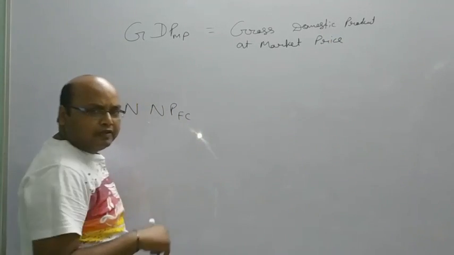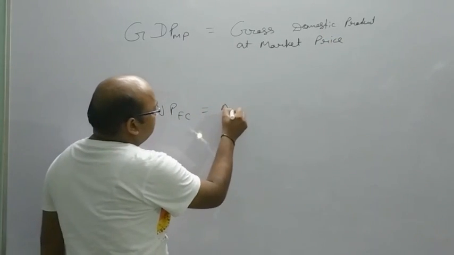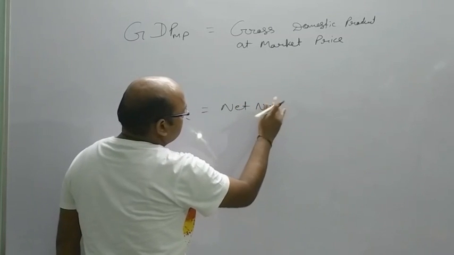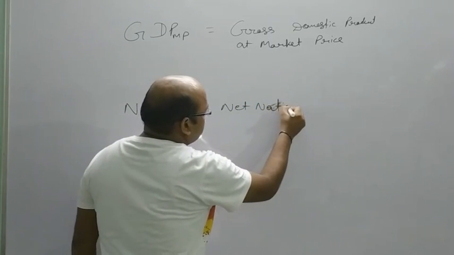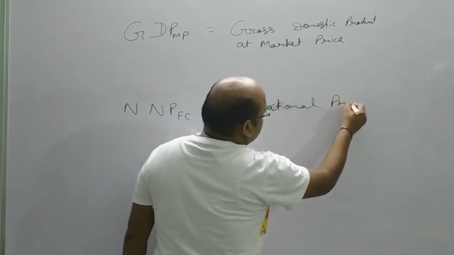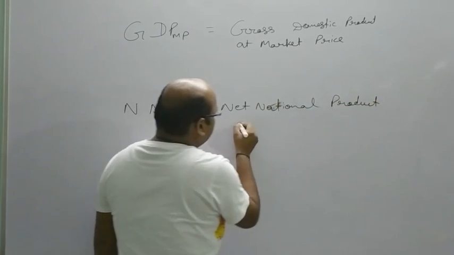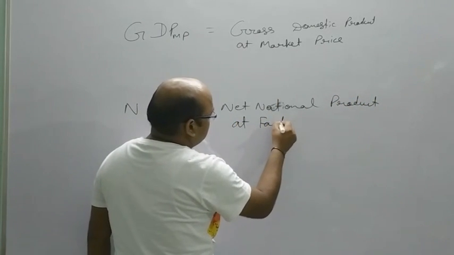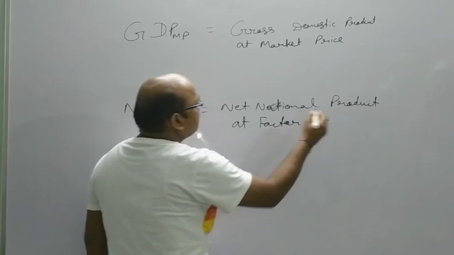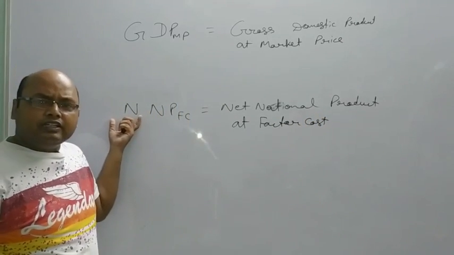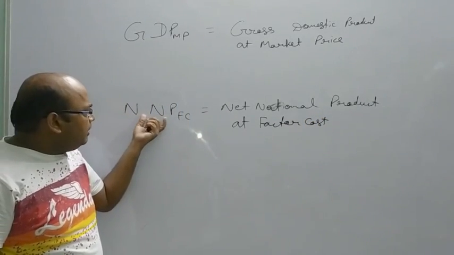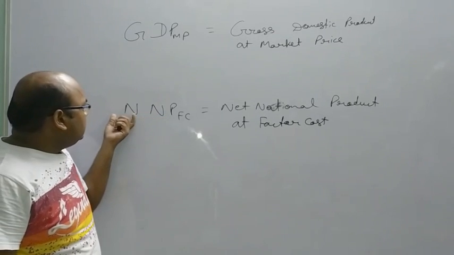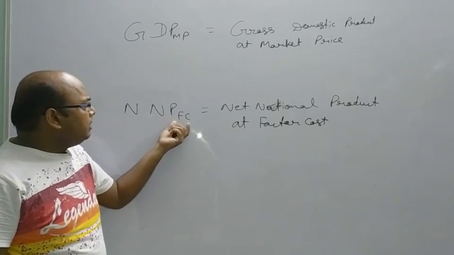And NNPFC: net national product at factor cost. When N is at the first place it is net, when N comes in the middle it is national. So, net national product at factor cost.